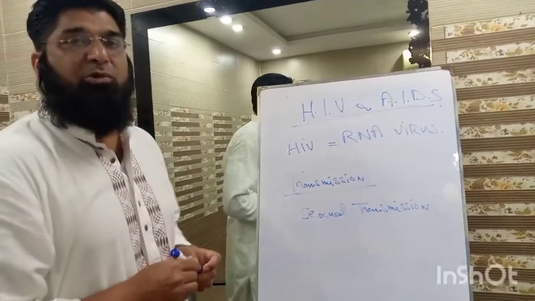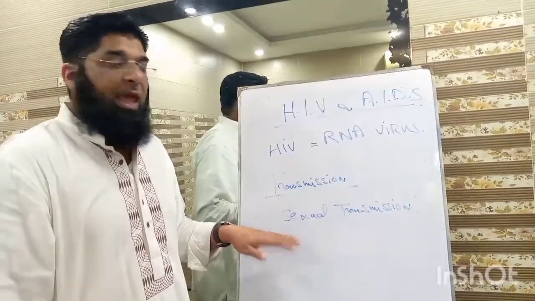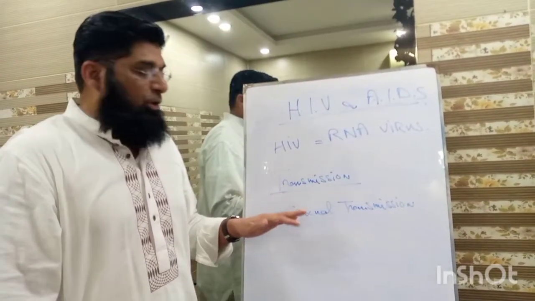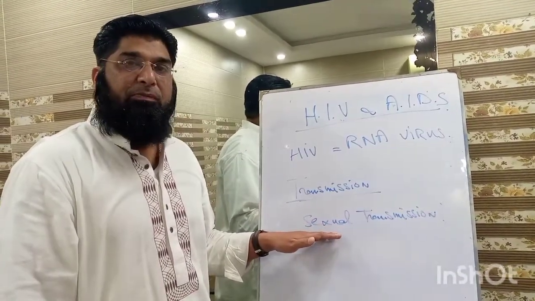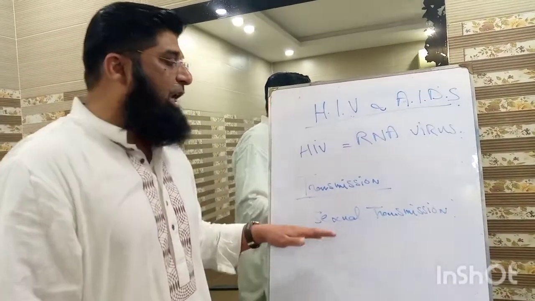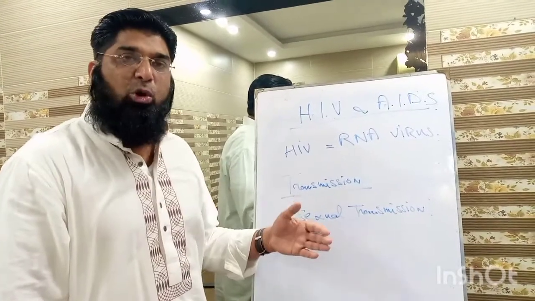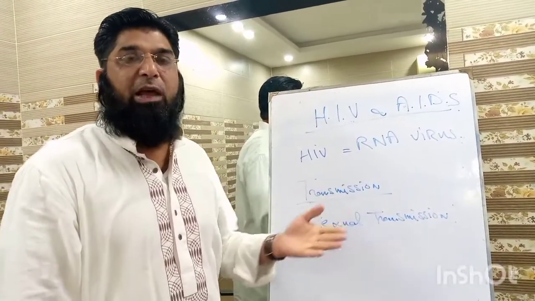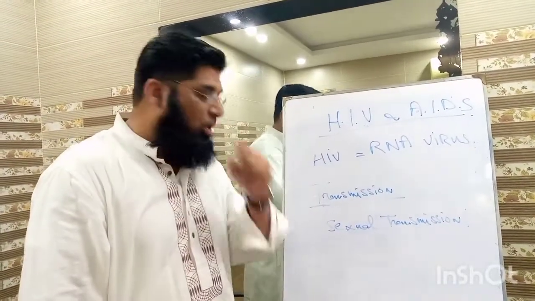Okay, sexual transmission. Students, in this type of transmission, HIV virus type 1 and type 2 spreads through male semen, vaginal and cervical secretions. HIV virus is present in these secretions mainly, although it may be present in other body secretions such as saliva and sweat.